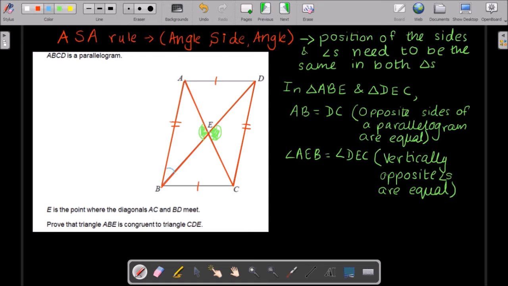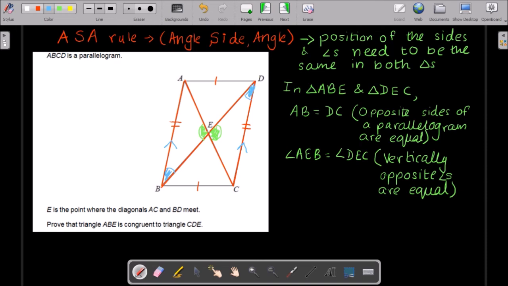Okay, and then the third one I'm going to use is this angle here. The reason I'm using this angle here is in a parallelogram, opposite sides are parallel as well. So that means AB is parallel to CD. So if I was to follow ABE and then carry on with EDC, it makes a Z shape, right?